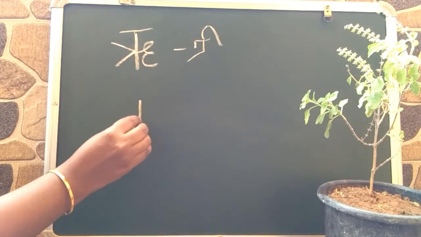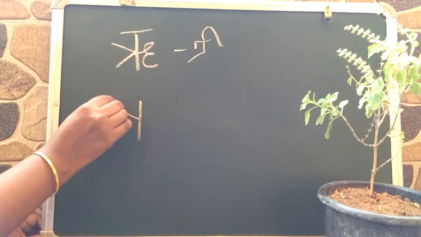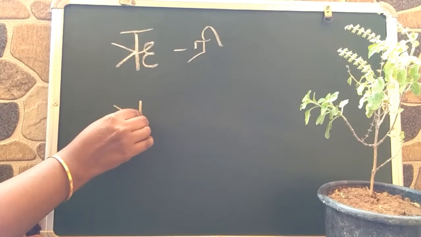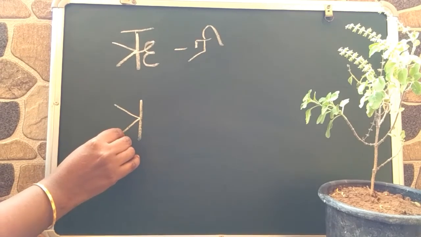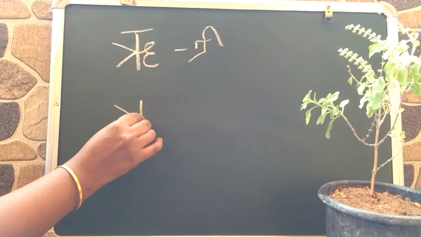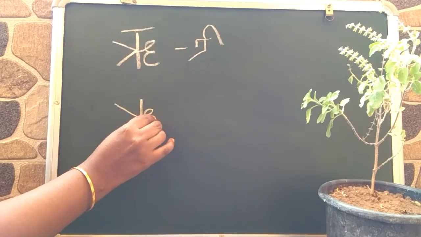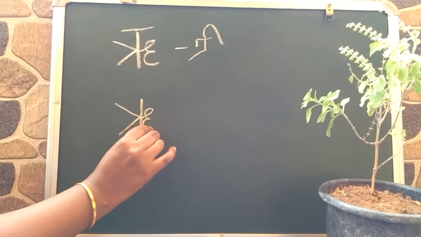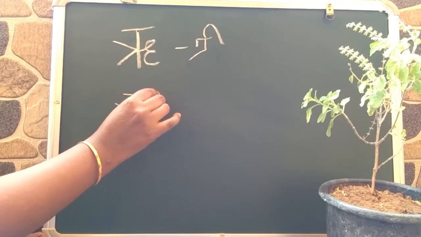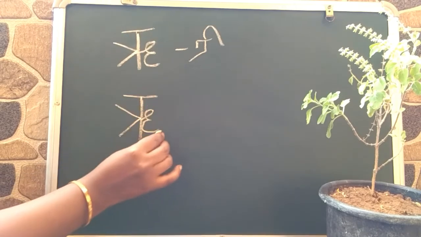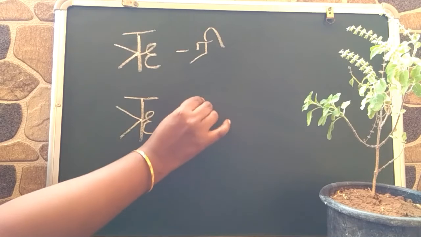Then draw one slanting line to the top and one standing line to the bottom like this. And then a small circle from the center like this. And then one half a circle like this. Finally, draw a sleeping line on the top. This is letter ru or re.